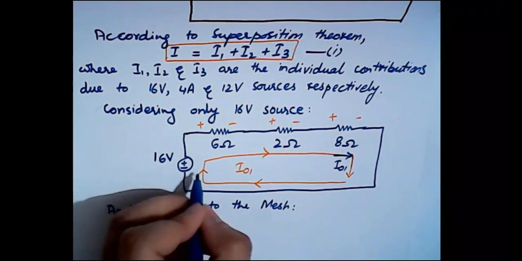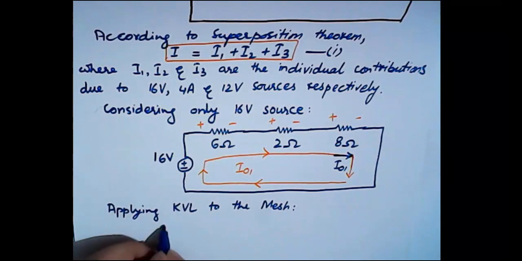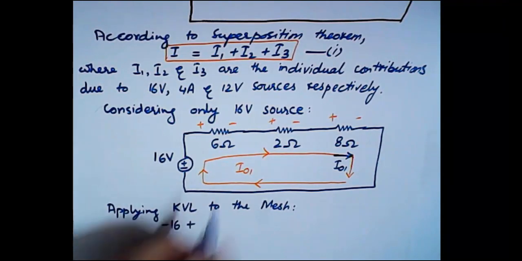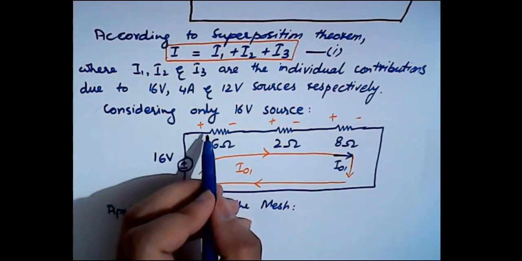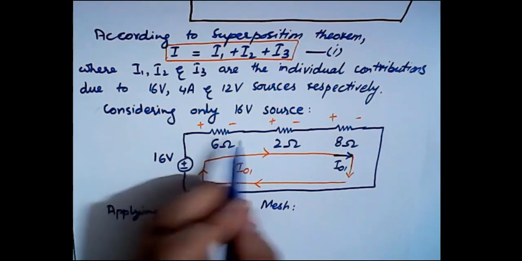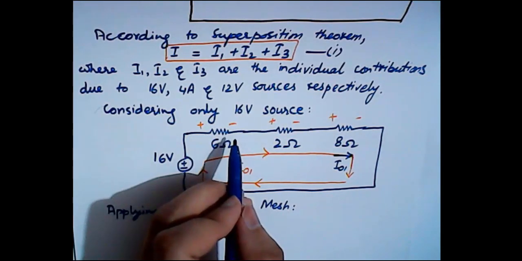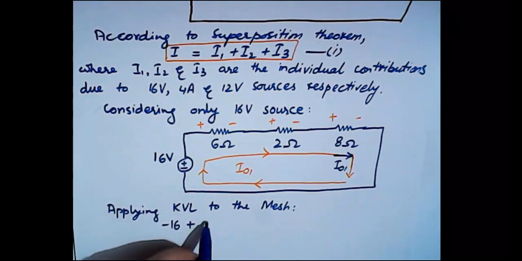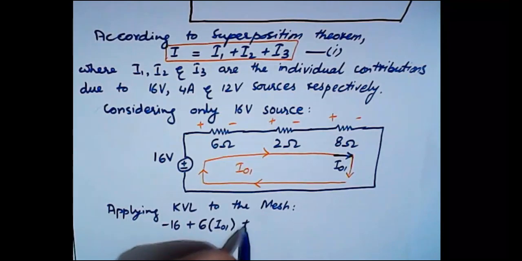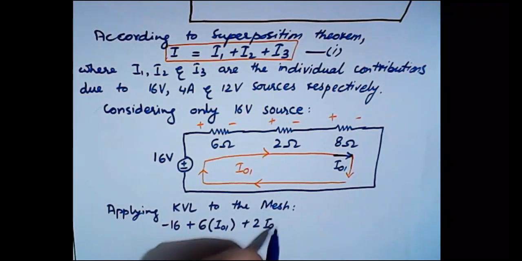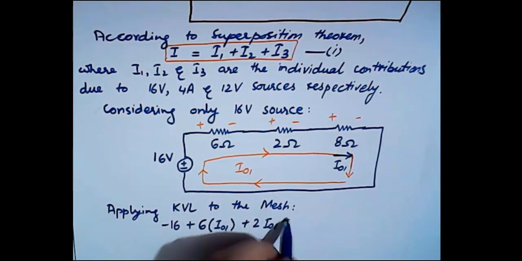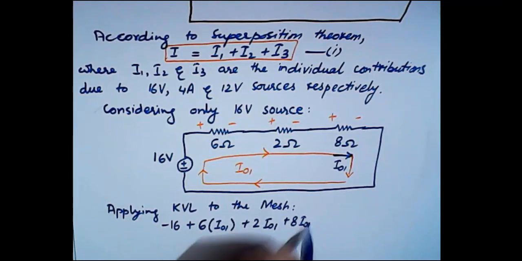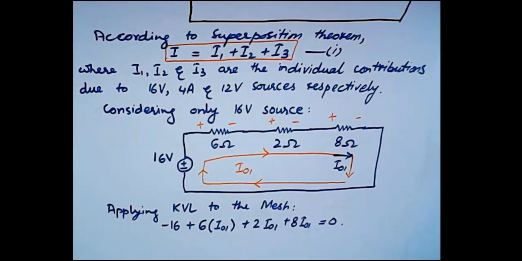The current is now entering the negative terminal, so it will be minus 16 plus V is equal to IR, right? Voltage is the product of current and resistance. So plus 6 times I naught 1 plus 2 times I naught 1 plus 8 times I naught 1 is equal to 0, right?